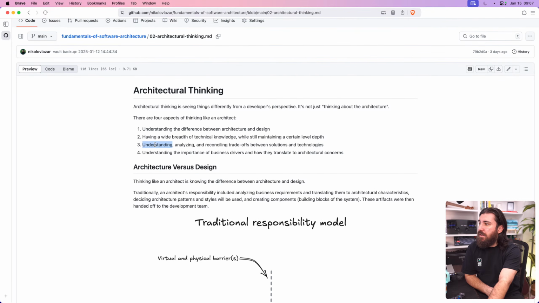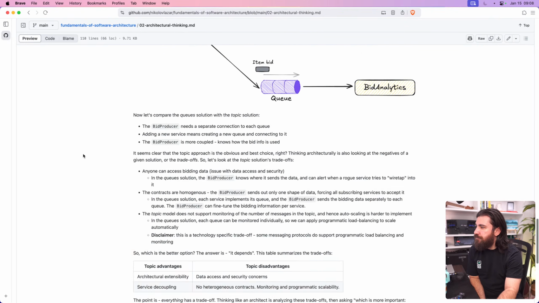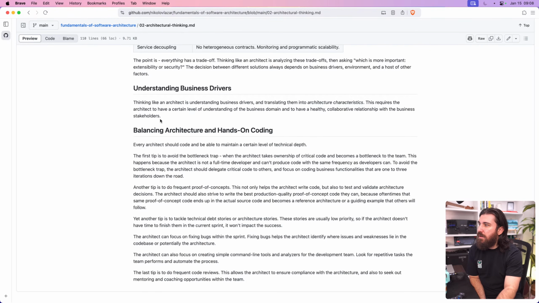Third one is analyzing, understanding, and reconciling trade-offs between solutions and technologies. Again, with the analyzing trade-offs section at the bottom. And the fourth one is understanding the importance of business drivers and how they translate to architectural concerns. There wasn't too much in this section. As you can see, it's a single paragraph. But yes, we are going to go through each of these.